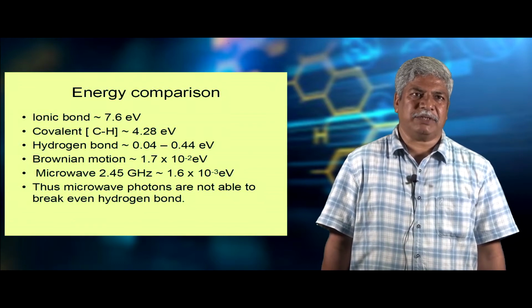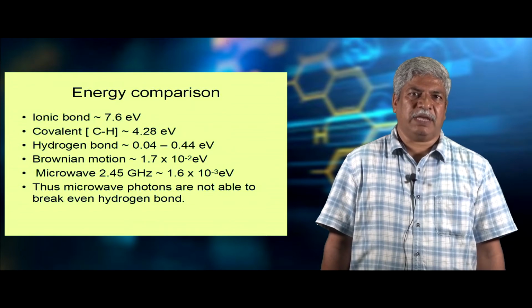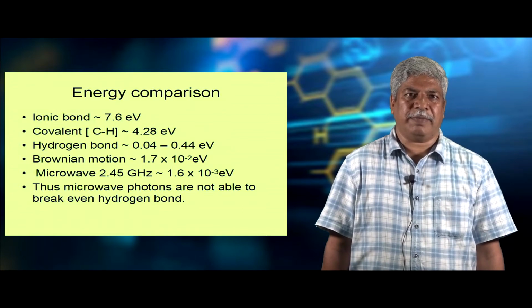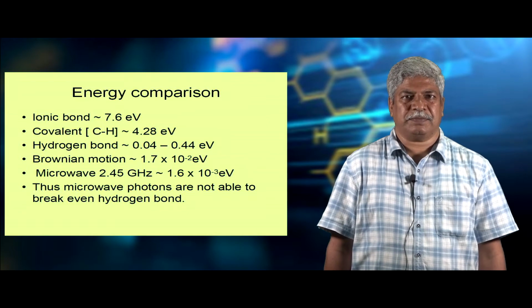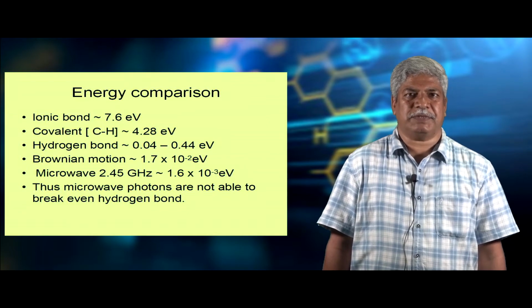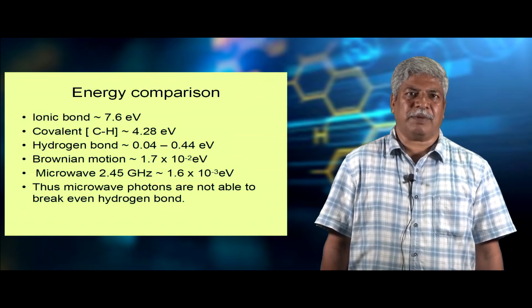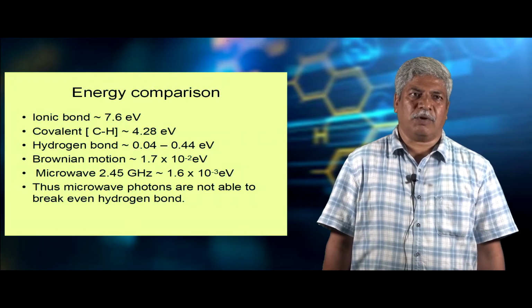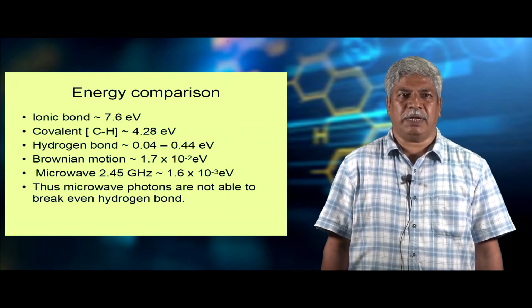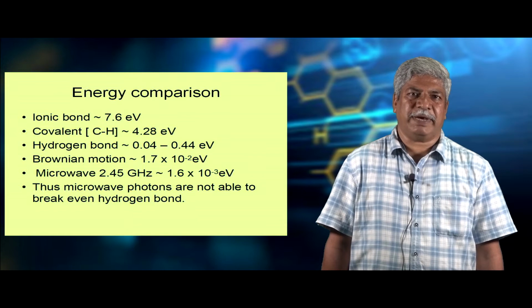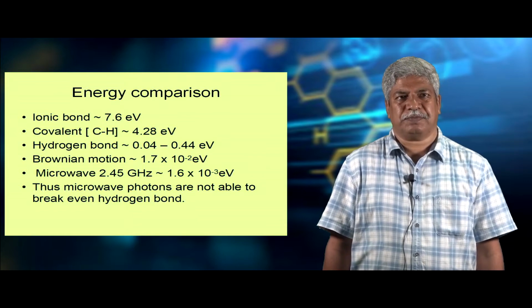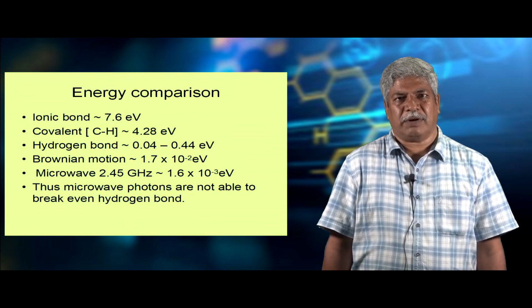Now let us see how these microwaves can be used to carry out chemical reactions. Normally a chemical reaction means either bond breaking or bond making has to take place. So it involves bonds. Let us discuss the ionic bond, covalent bond, coordination bond, and hydrogen bond which prevail in these compounds. What is an ionic bond?